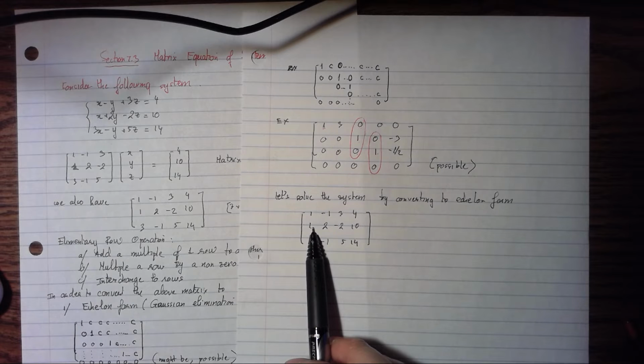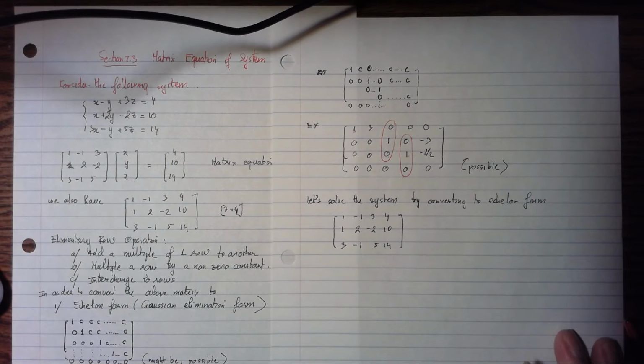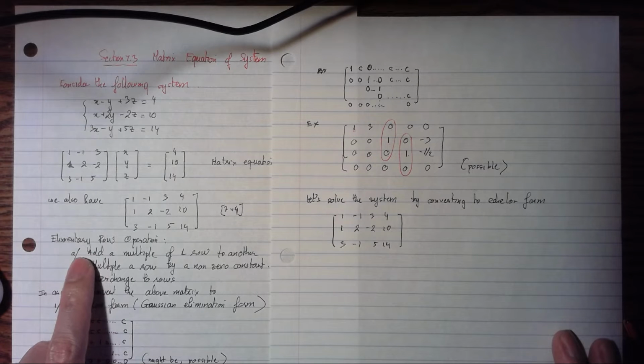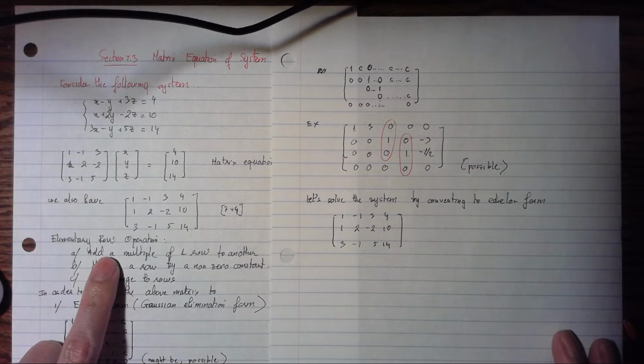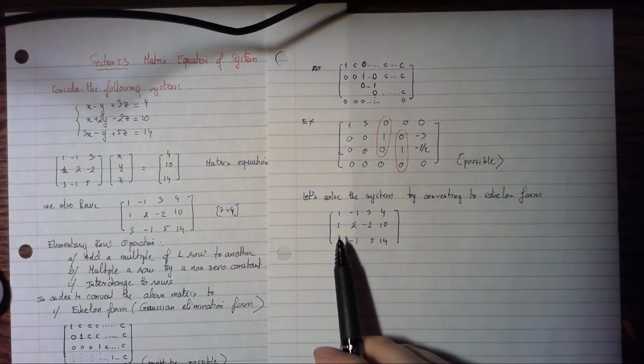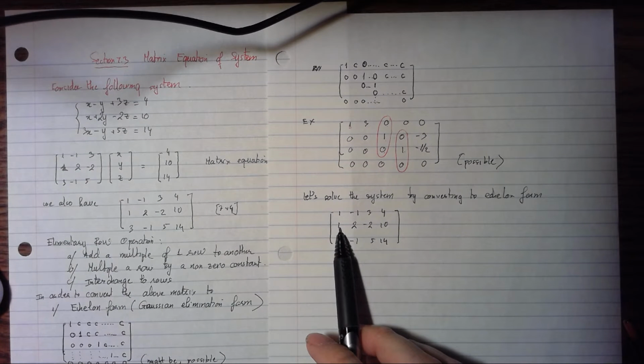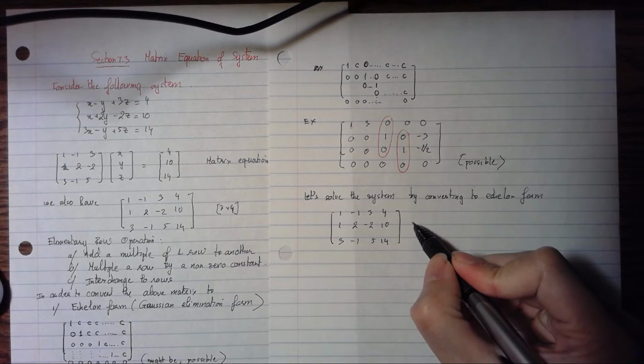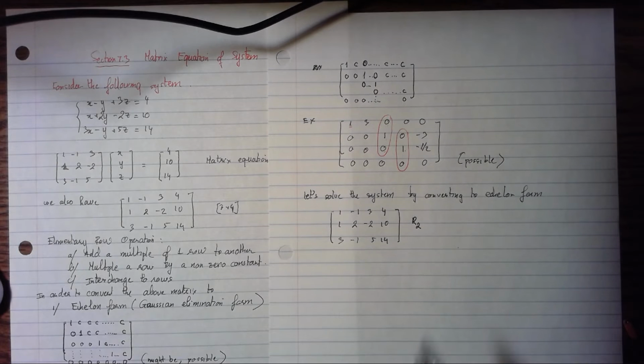I'm going to use the first way of elementary row operation. So you want to change the second row, right? You always start by writing down R2, meaning row 2, because we want to change that.